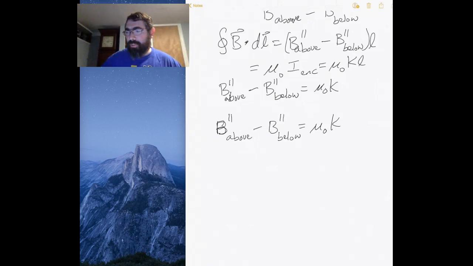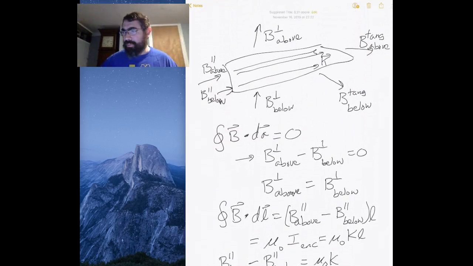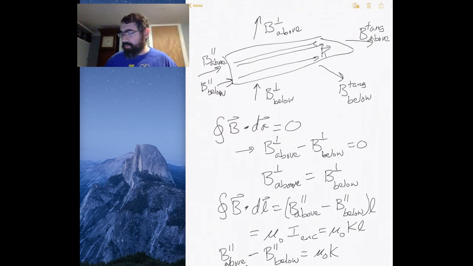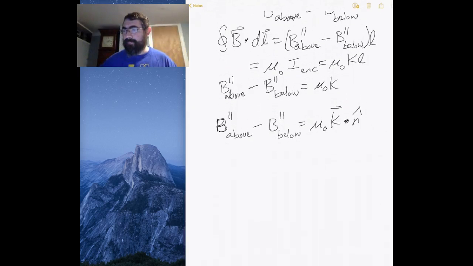If I want to write this in vector form, it's the current density crossed with the area vector, where this area vector is pointing perpendicular to the surface. Okay.